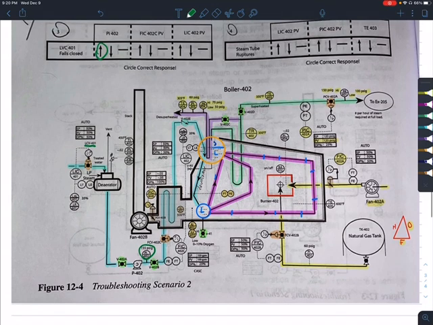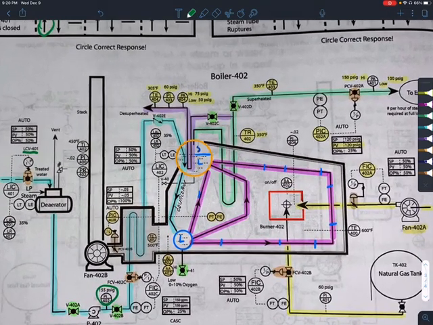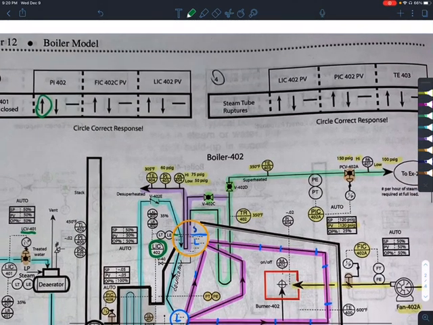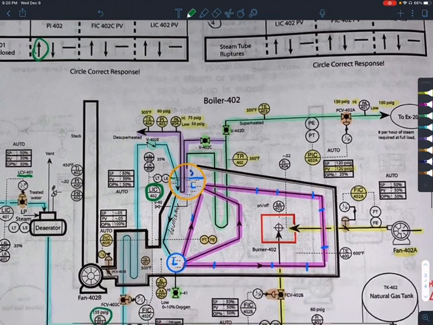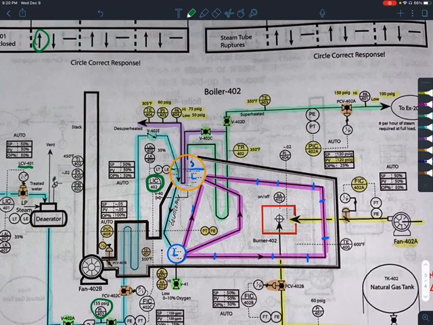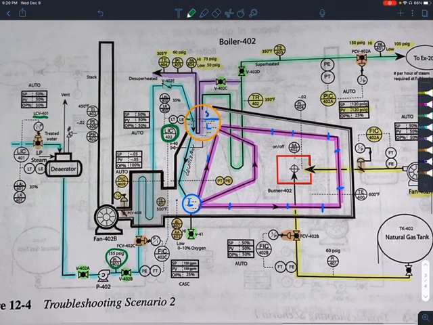So now the FIC, I'll get back to FIC in a minute. Let's go to LIC first. So LIC 402 is located here, and this measures the level within the steam generating drum. So if that goes down, well, first and foremost, LIC is the master, and FIC is the slave controller, okay? So if this is reading low, which it will because there's no flow going on here.